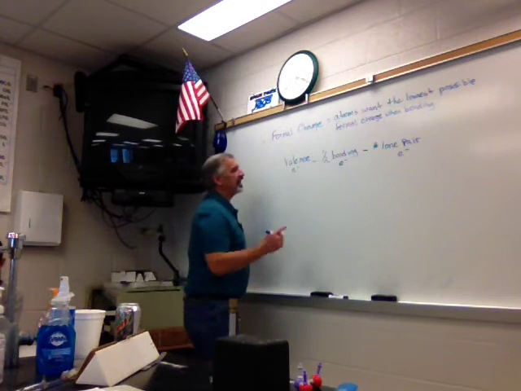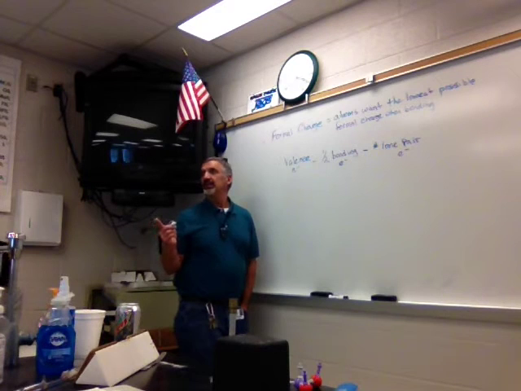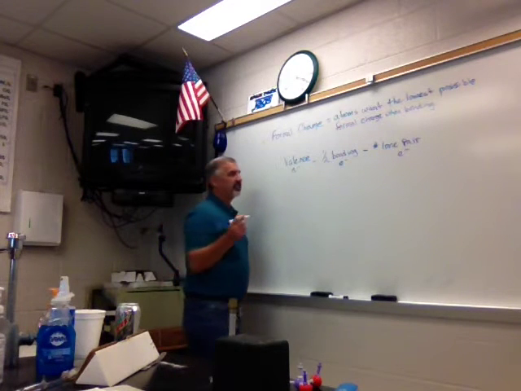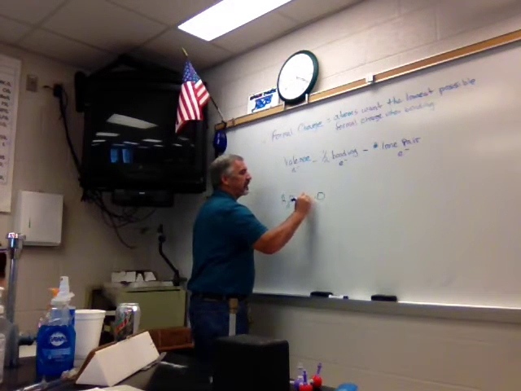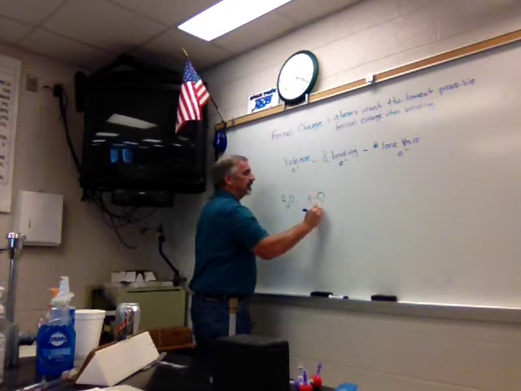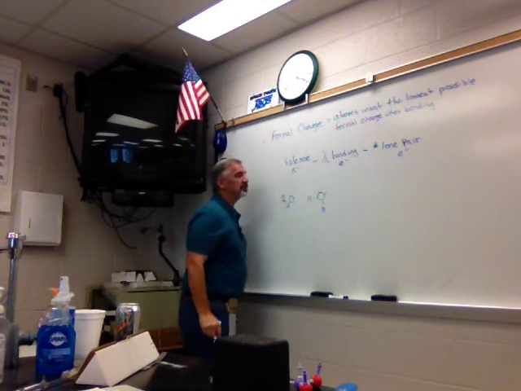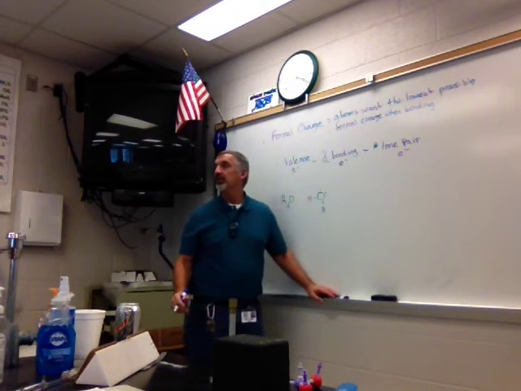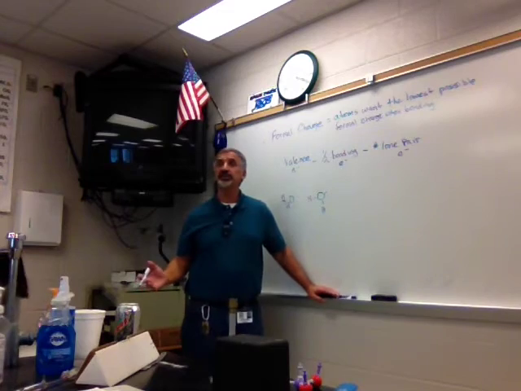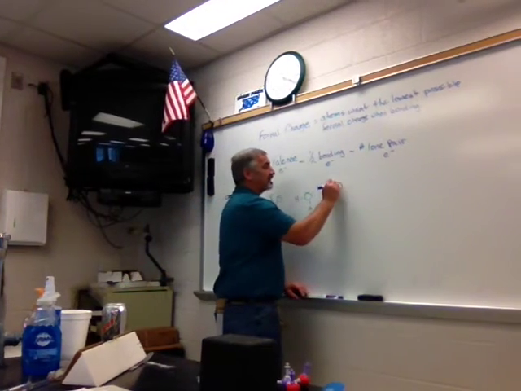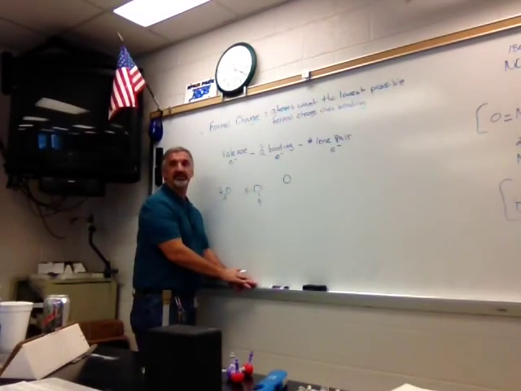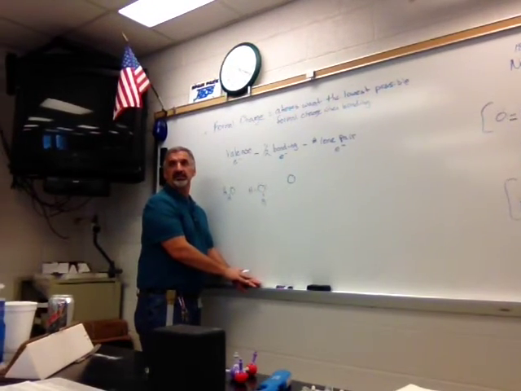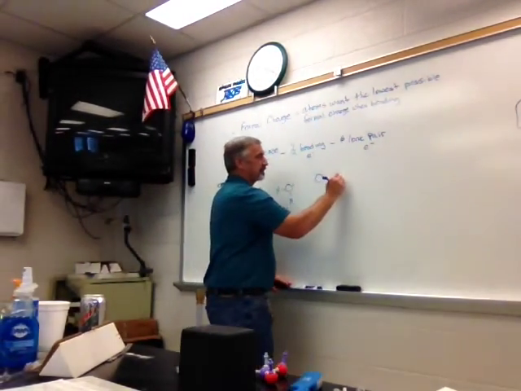So, if I look at even a simple compound like water, H2O, it's going to bond like this. So I want the formal charge on the oxygen, and I need the formal charge on the hydrogen. So the oxygen's formal charge, how many valence electrons does oxygen have? 6, right?